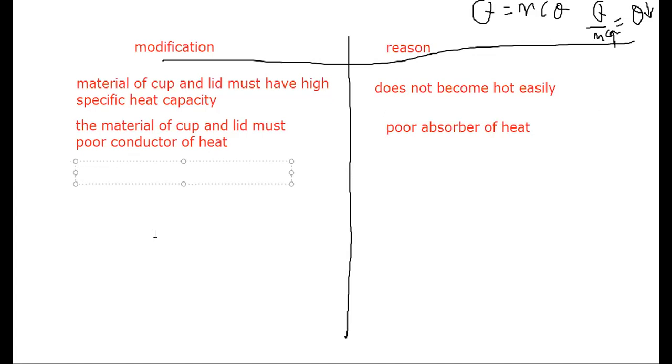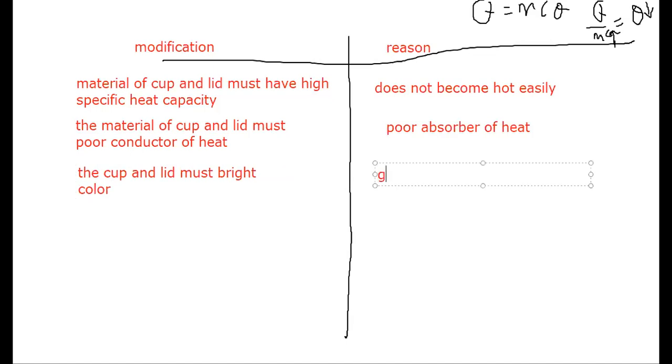So the cup and lid must be bright in color. Reason: good reflector of heat. Okay, must be bright in color, good reflector of heat.